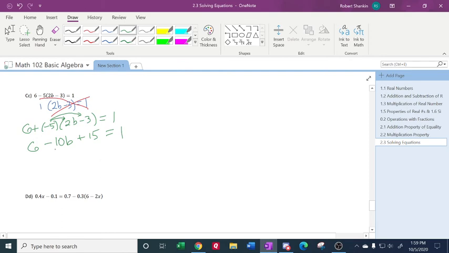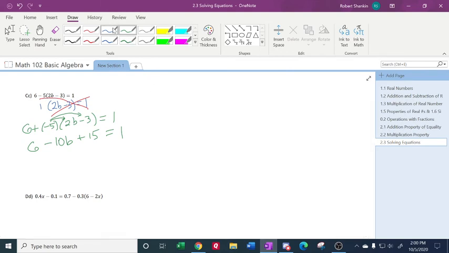Now, at this point, another common student error is doing things like subtracting 15 from both sides, or subtracting 6 from both sides. The way we want to look at it more efficiently than that is we want to say, are there any like terms that are on the same side of the equal sign?